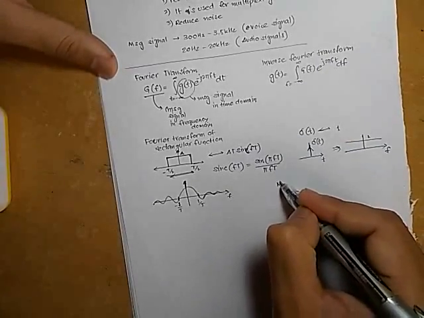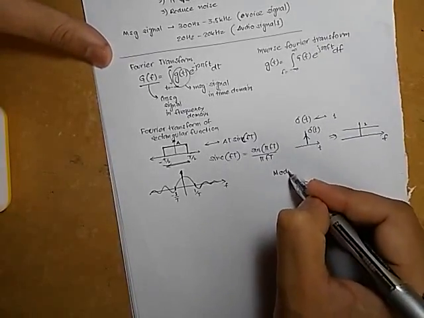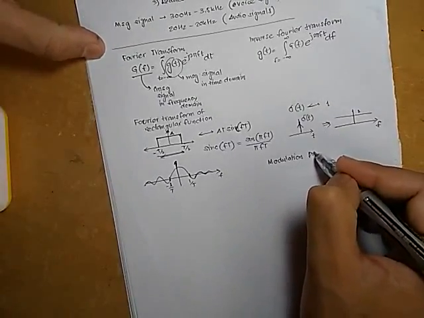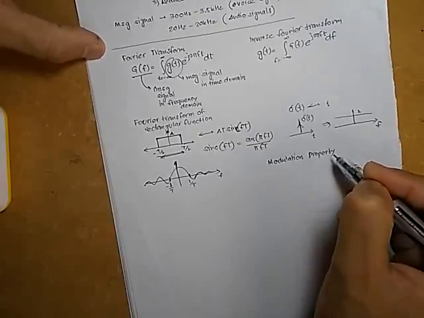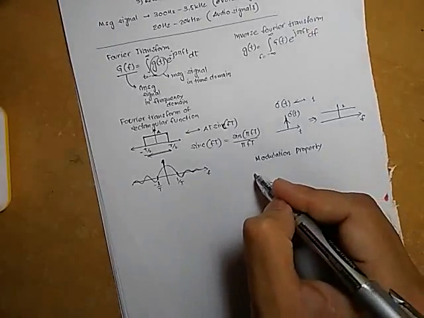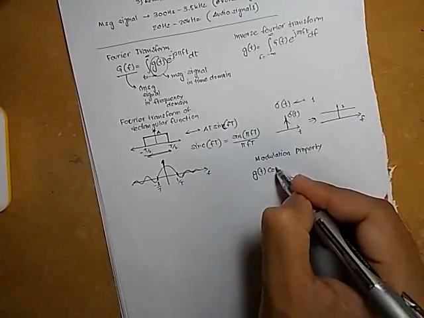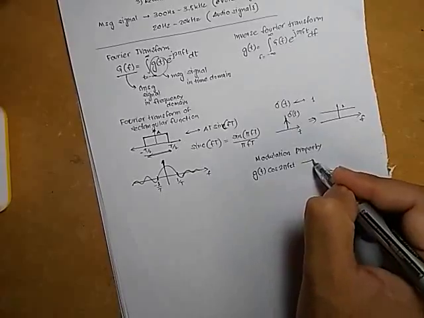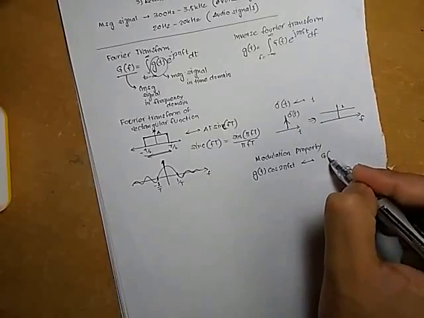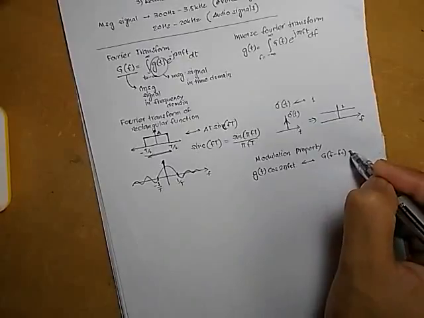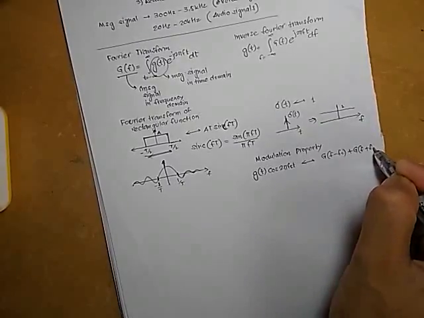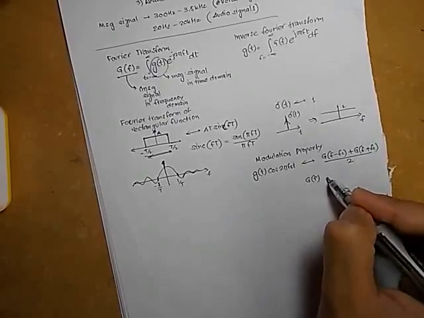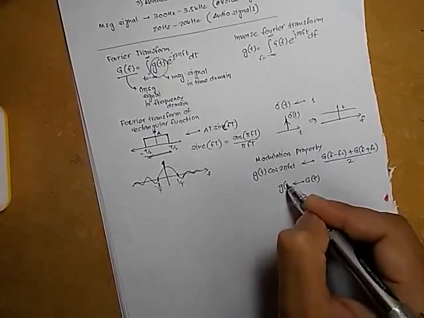One more property we have to remember is the modulation property. This is very important because we will use this many times in our coming sessions. It states that for g of t times cos of 2 pi fc t, the Fourier transform will be G of f minus fc plus G of f plus fc, divided by 2, where G of f is the Fourier transform of g of t.